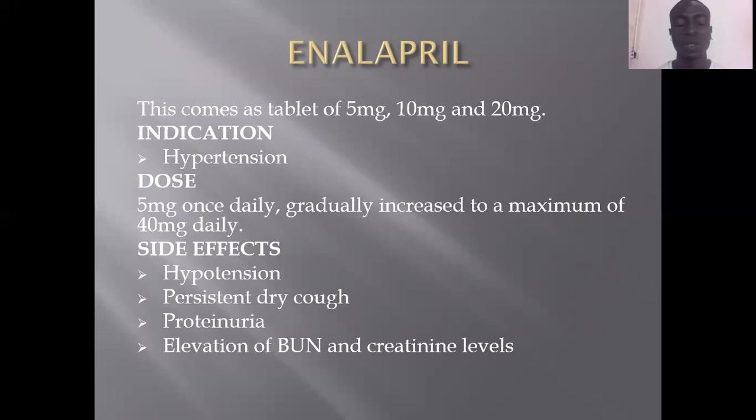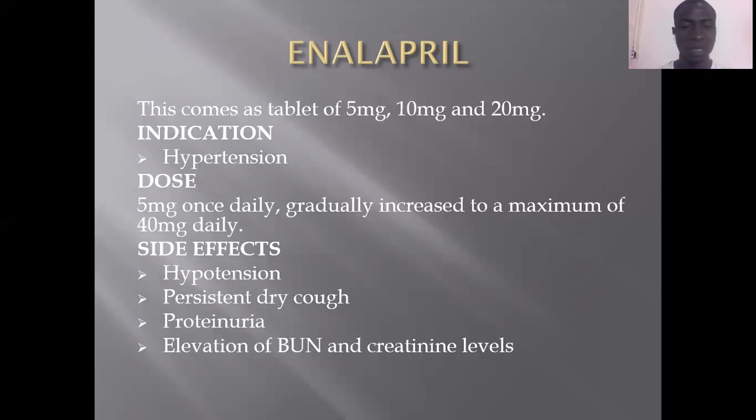The indication is hypertension. The dose is 5 milligrams once daily, which is gradually increased to a maximum of 40 milligrams. Side effects are hypotension, dry cough, proteinuria, and also elevation of blood urea nitrogen and creatinine levels.